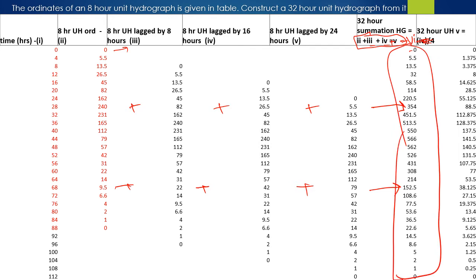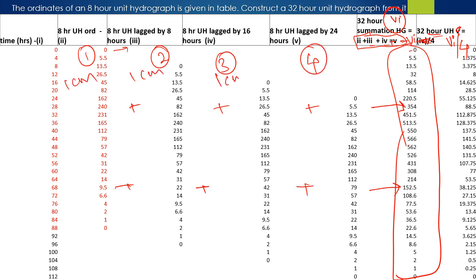Now the 32-hour unit hydrograph will be obtained by dividing column number 6 by 4. The runoff depth of each of the unit hydrographs 1, 2, 3 and 4 is 1 centimeter each.